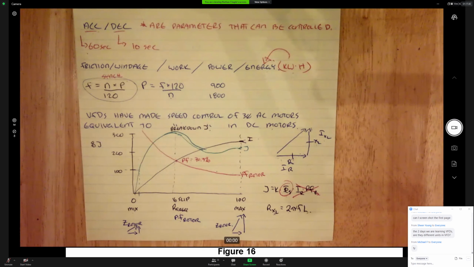Are they different units? So essentially not, okay, hang on. So let me, today and the 30th. I'm going to be covering different things each day, Sheen, if that's what you're asking. Today is more about a little bit of the history, the theory behind how they work, their main components, and then we're going to get into practical.